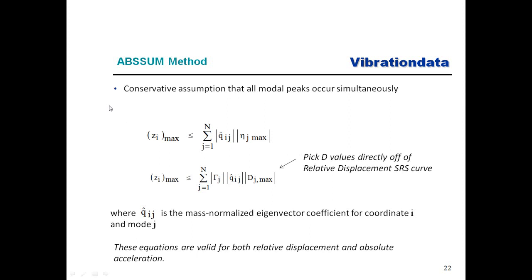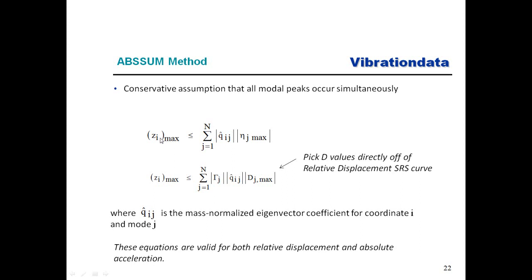So here's our ABSUM method. Again, it's conservative because it assumes that all modal peaks occur simultaneously. Here we have our peak modal displacement, where J=1 would represent the first mode, and for our case, this uppercase N is equal to 2 because we have two modes.